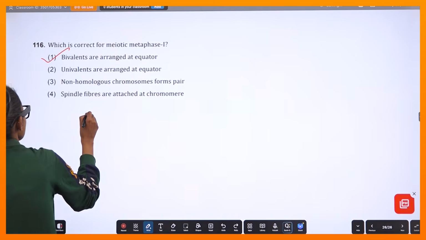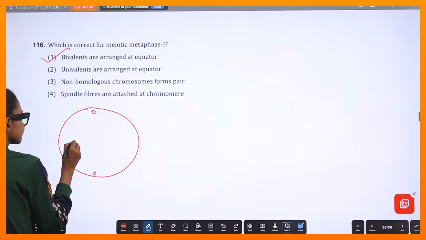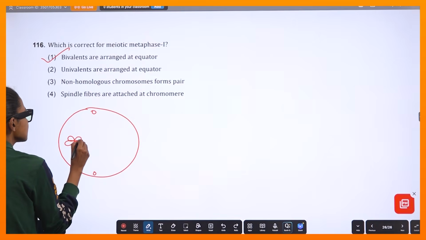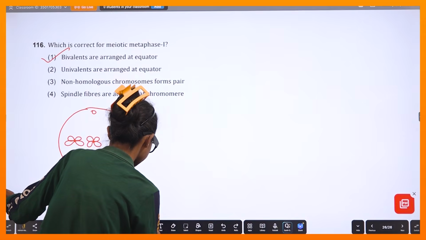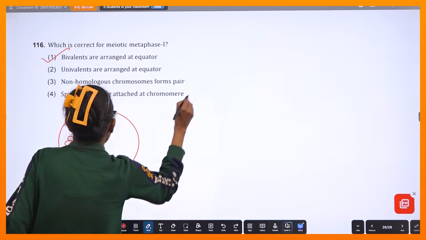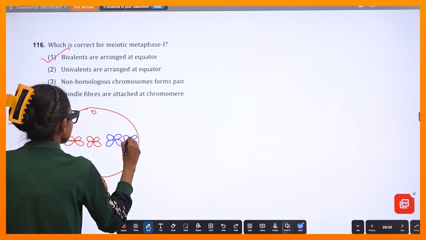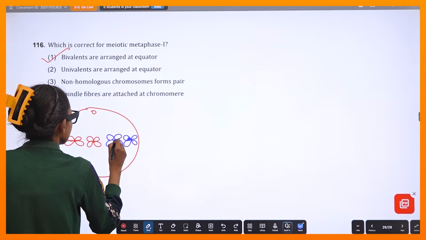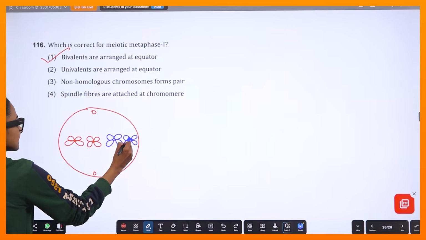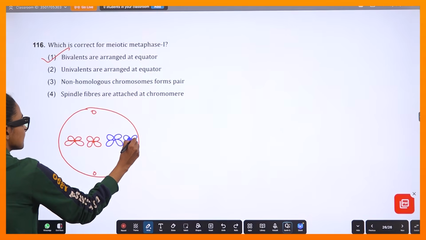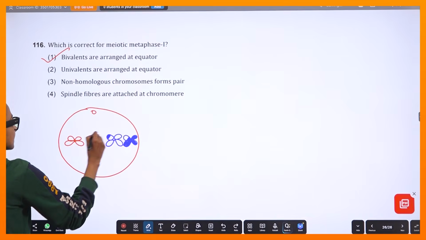If this is one homologous pair, then you have another homologous pair. Crossing over might have happened, correct? Crossing over might have taken place this way.